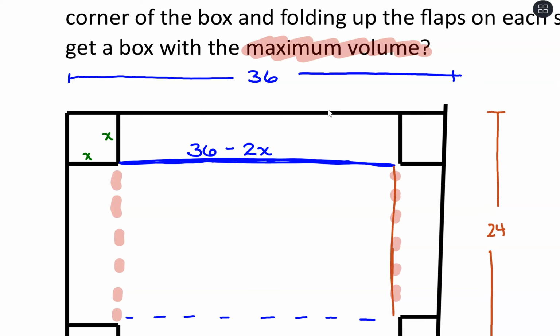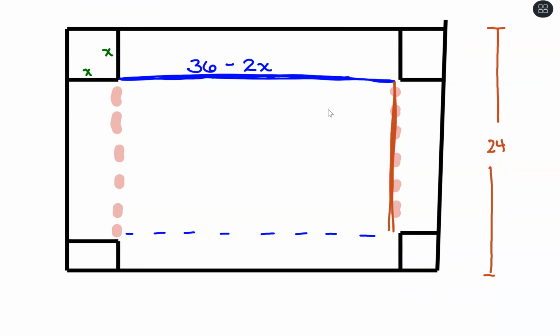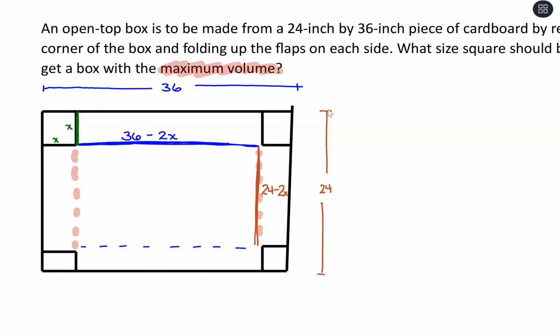Similarly, one of the other sides, the width of our box, is coming from that 24, but it's 24 with two of those squares removed. So really it's going to be 24 minus 2x. And then the height of the box is coming from the square side length, and that's going to be our value of x.